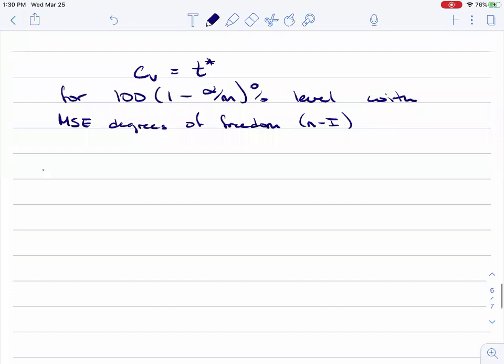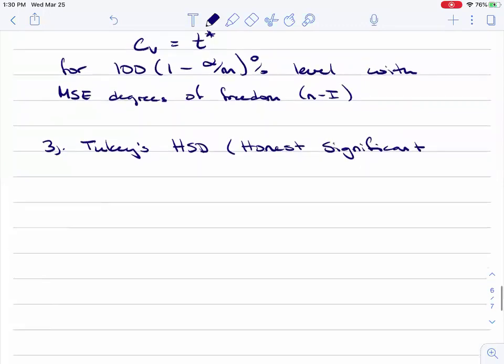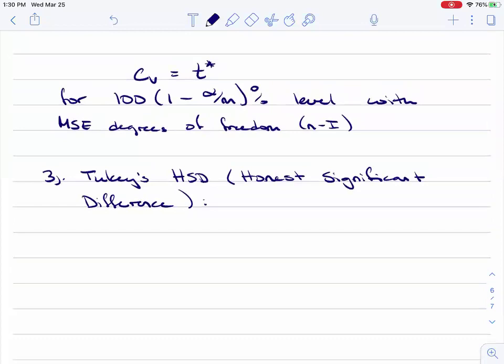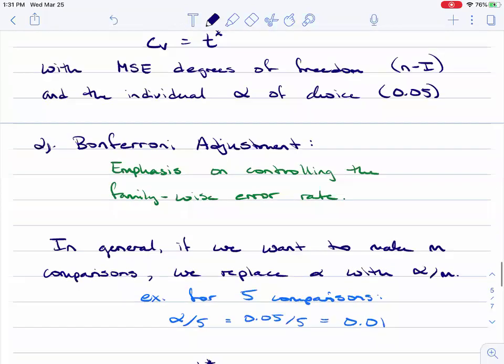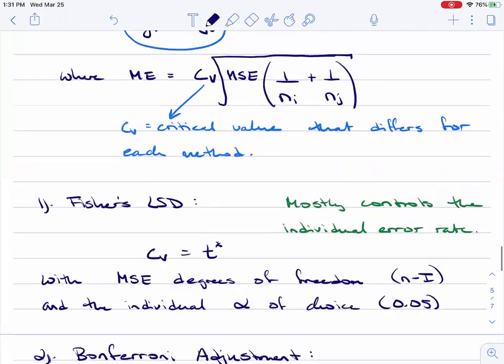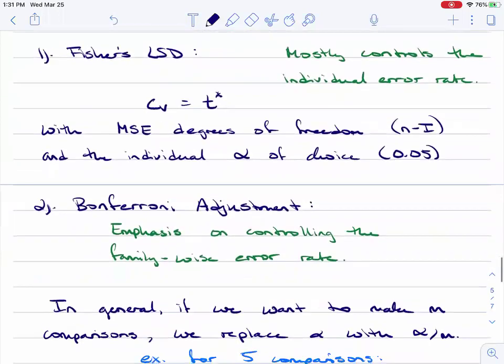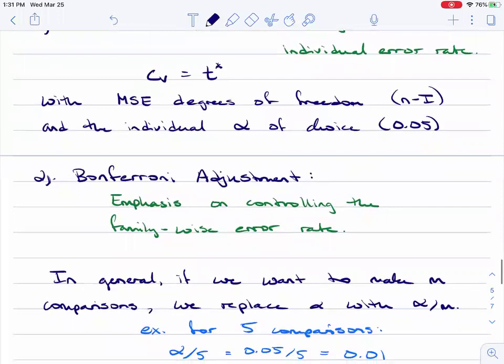And so the third one, Tukey's HSD, which stands for honest significant difference. Okay. Tukey's HSD is kind of like a balance between the two. So if we look back here, right, Fisher's LSD mostly controls the individual error rate, whereas the Bonferroni adjustment is really trying to control the family-wise error rate.